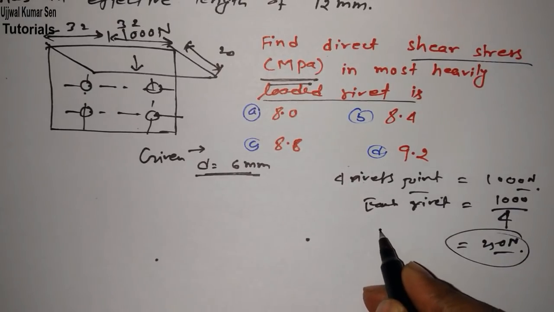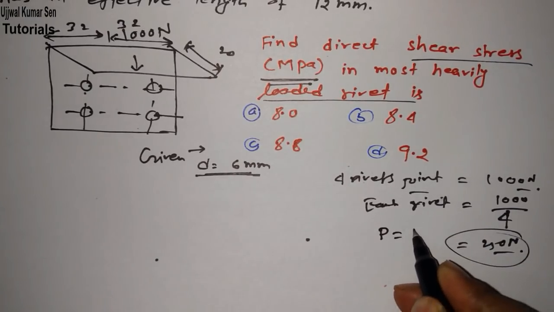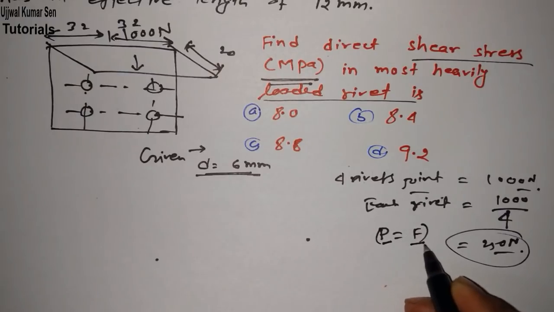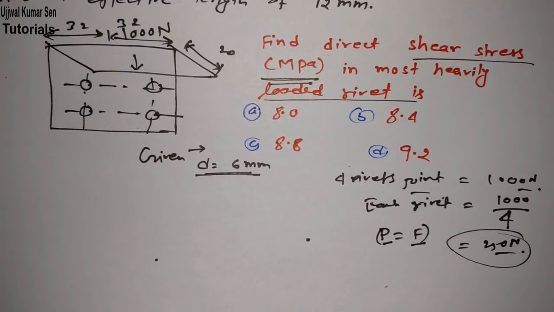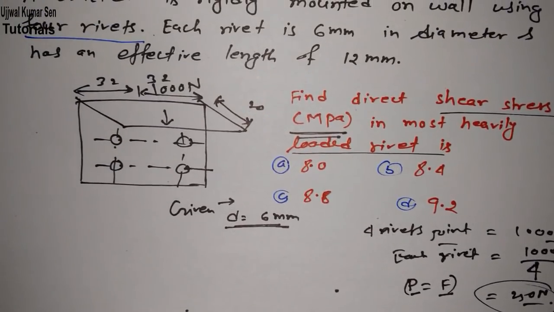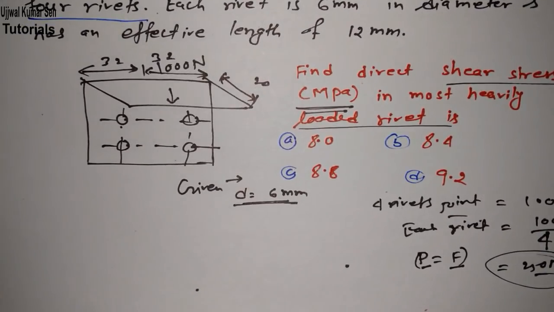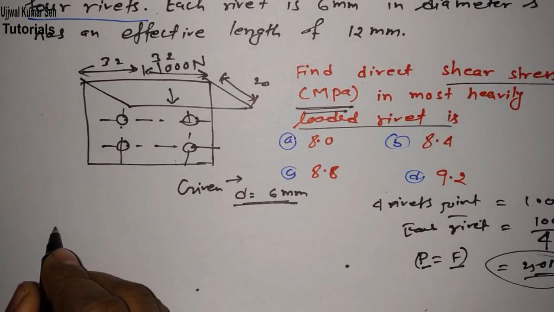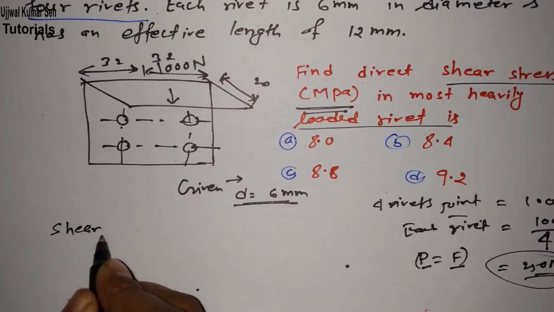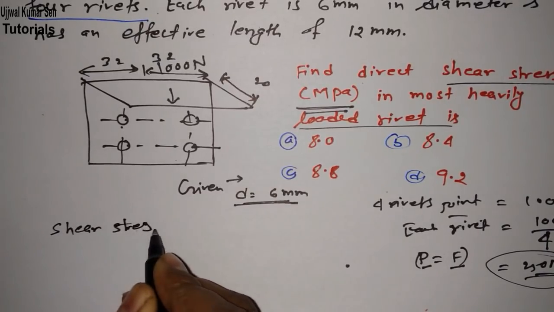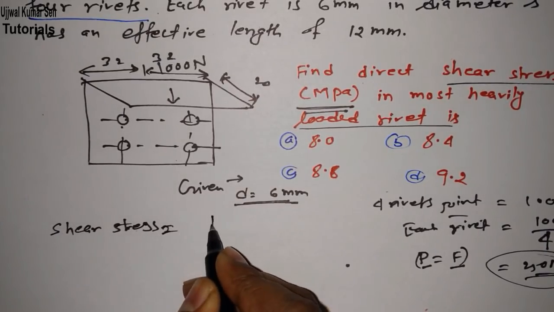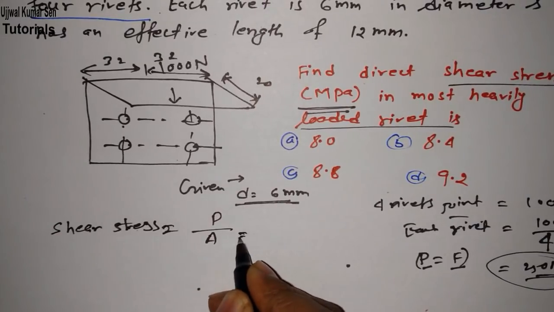That is the load, which some books denote by P and some books denote by F. I don't know which book you refer to, that's why I'm sharing both. Now, if we have the load, then we can easily find the shear stress. Shear stress is force upon area.